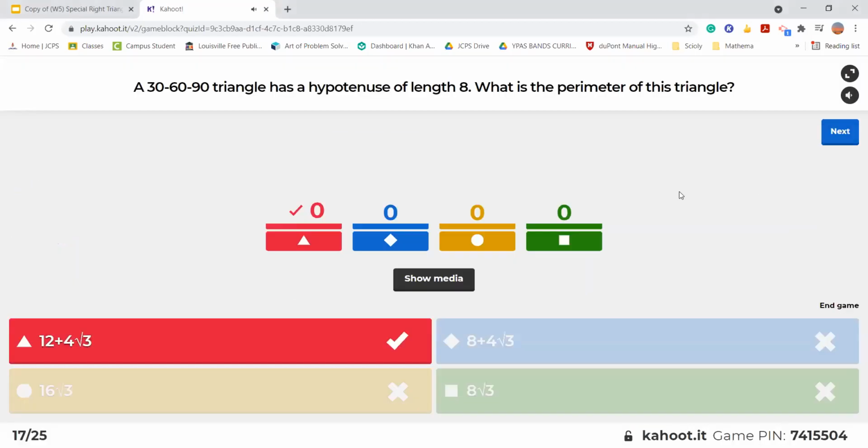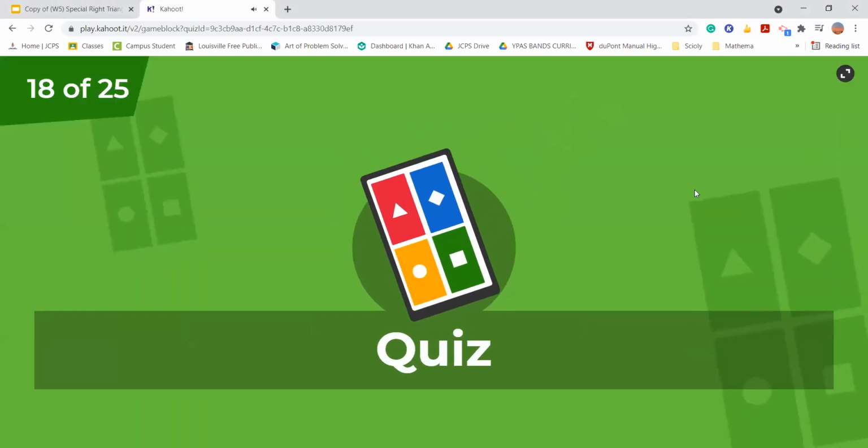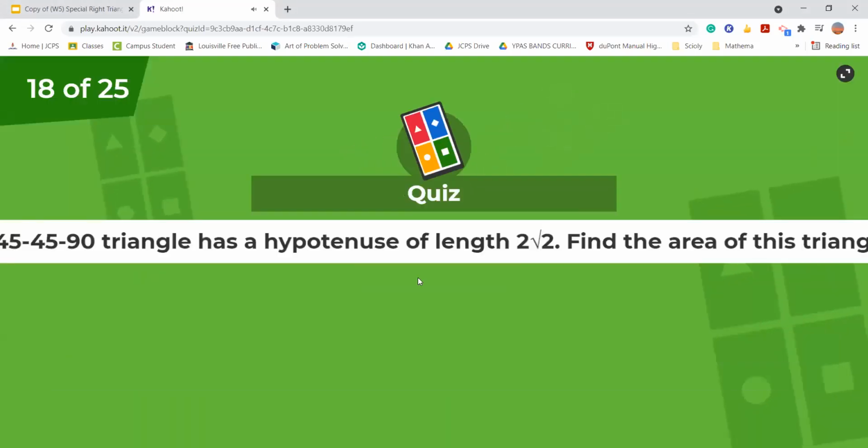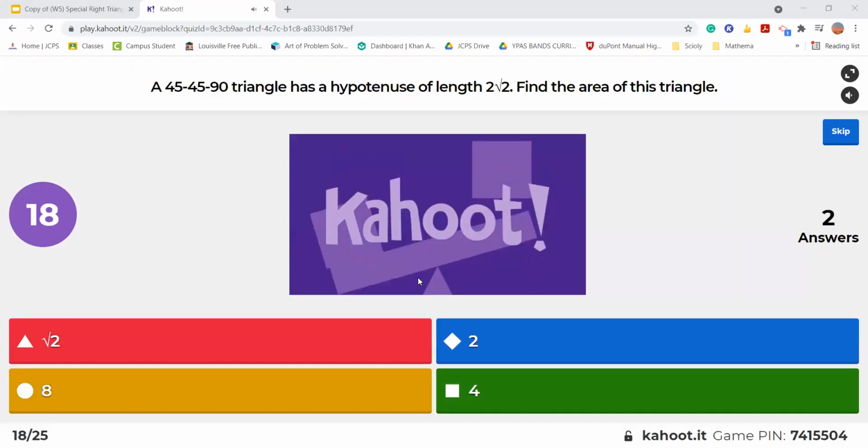Yes. Don't say when you're gonna skip it, because then people are gonna start guessing. No, you didn't skip. Yeah, I know. I thought half of you guys might think I would skip.